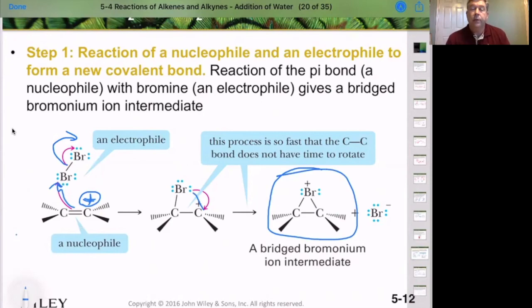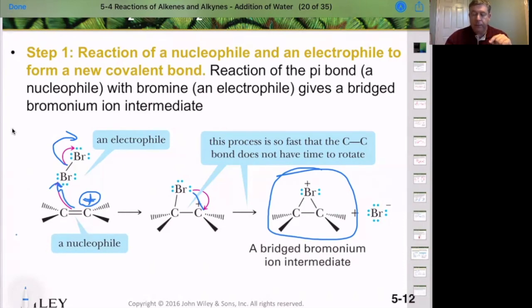So basically you have a bromine adding to the top of your double bond, giving you this three-membered ring and a positive charge, okay? This is important. This first step, forming this bromonium ion ring, is what gives us our selectivity, okay?